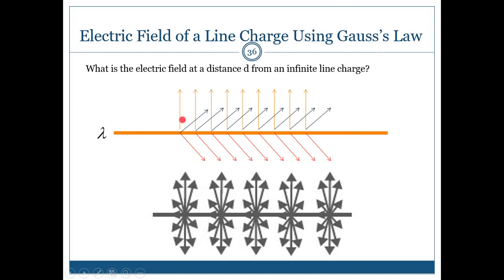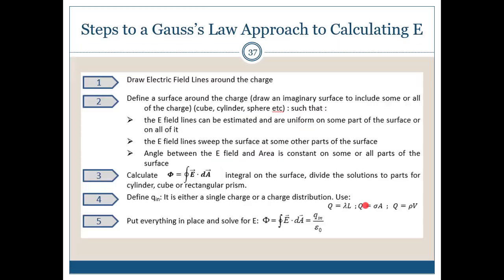So you have these E field lines opening up in all sorts of directions directly away from the line. They're all perpendicular to the line, these vectors, and the vectors repeat themselves as you go along the line. So this is the picture we have for a line charge.